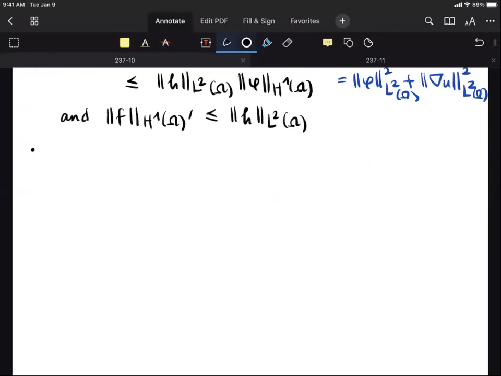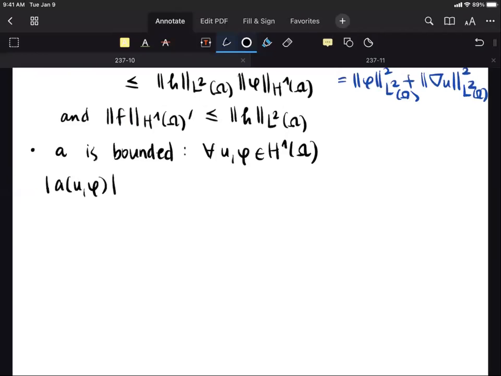In a similar manner, we can show that A is bounded. For all u and phi in H1(Ω), let us estimate the magnitude of the bilinear form A evaluated at these two arguments.